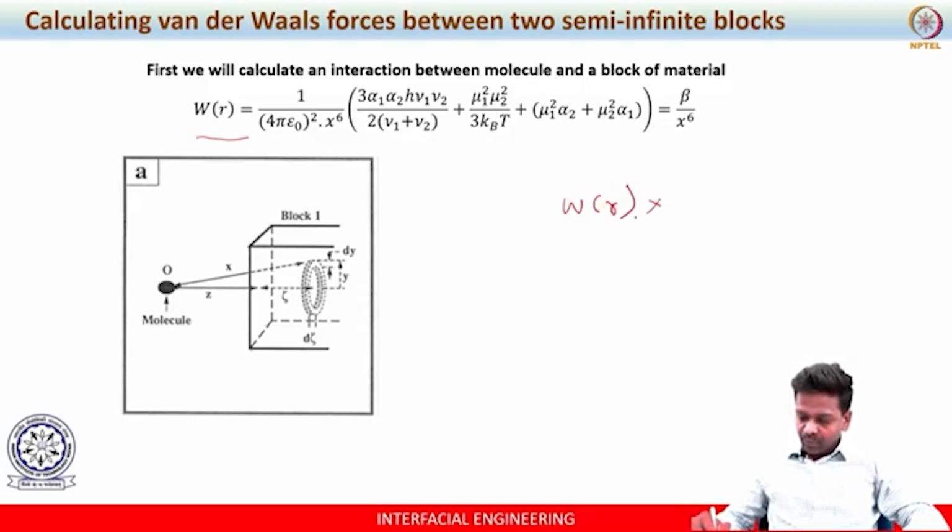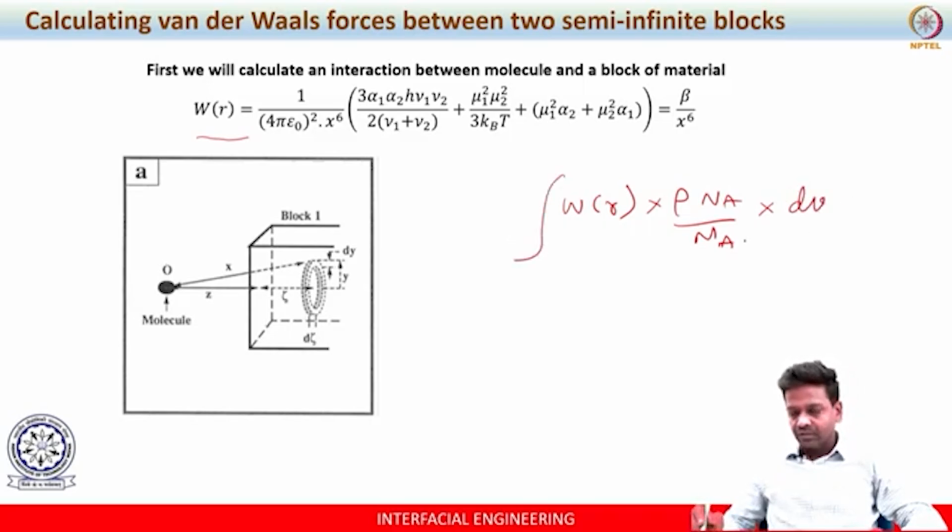When you multiply this with rho Na by Ma, which is the number of molecules per unit volume, multiplied by dV, and integrate, you will be able to cover all the molecules present within this region of space, that is dV. Then you will be able to calculate the pairwise interaction for all the molecules. In this way you will get the total energy. That is the exercise we have to do.